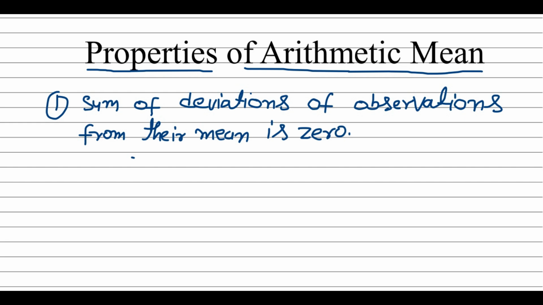That means the summation over i from 1 to n of (xi - x bar) is equal to 0.